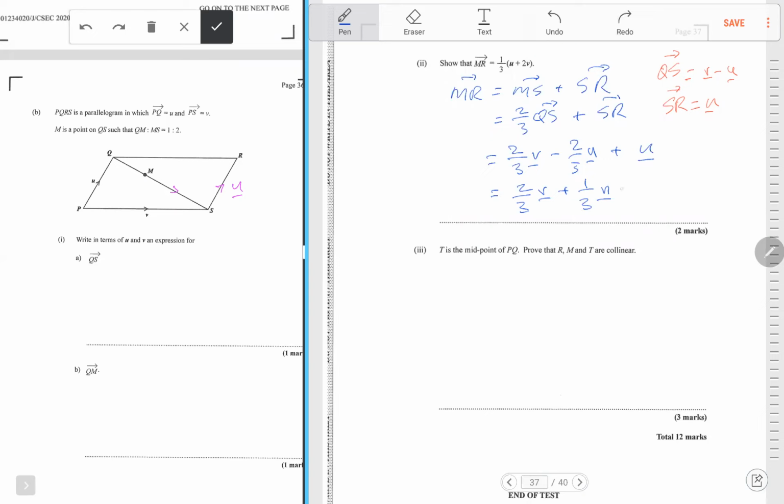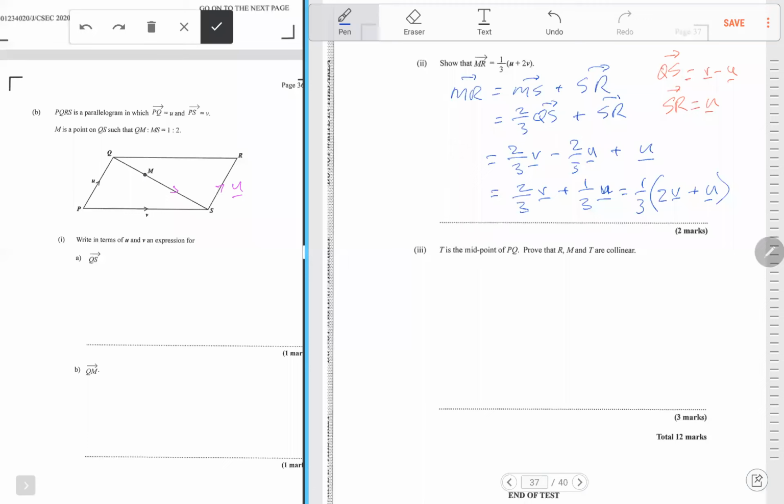To factorize the 1/3, we get 2V plus U. Because you factorize the 1/3 out, you're left with the 2 inside. So that is the answer, that is shown. They have U plus 2V, we have 2V plus U, basically the same thing.